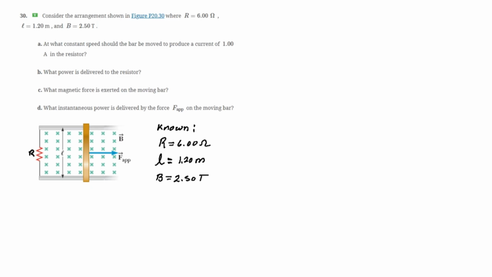What is unknown? We have multiple unknowns. In the first part, the unknown is the speed. In the second part, the power delivered to the resistor.